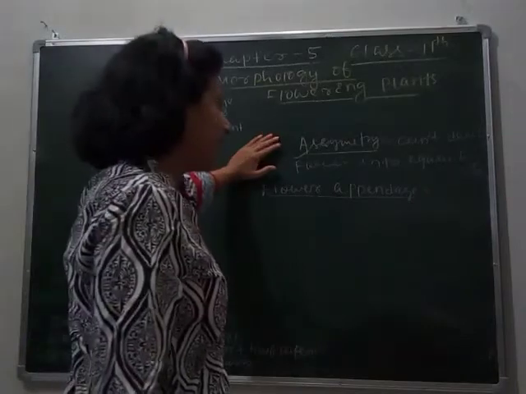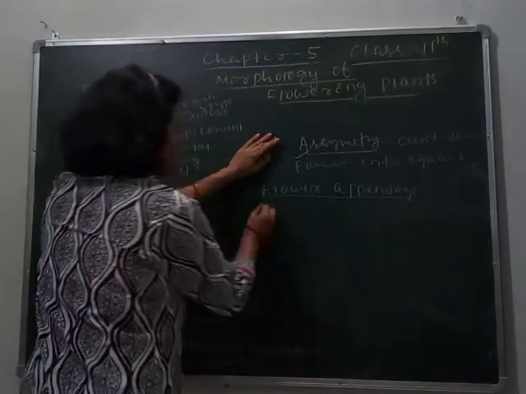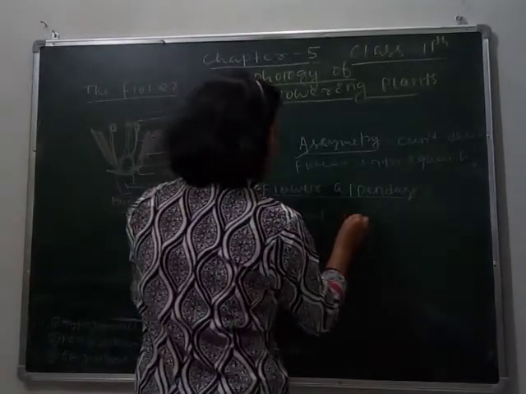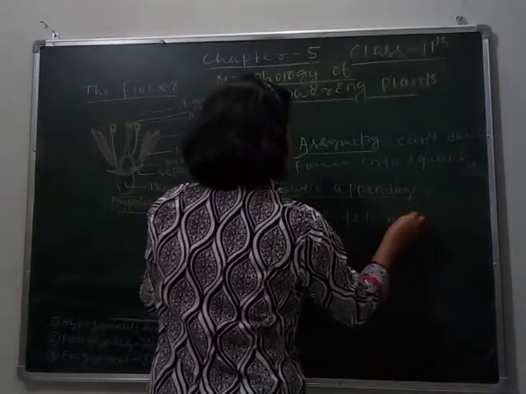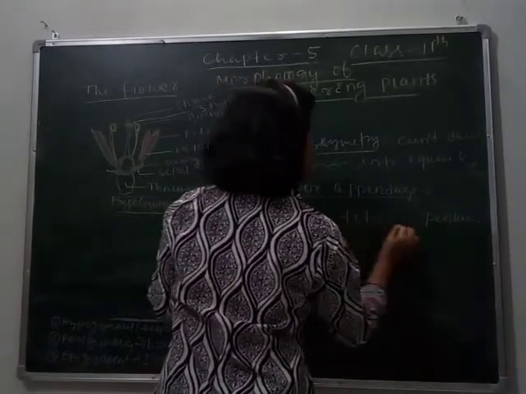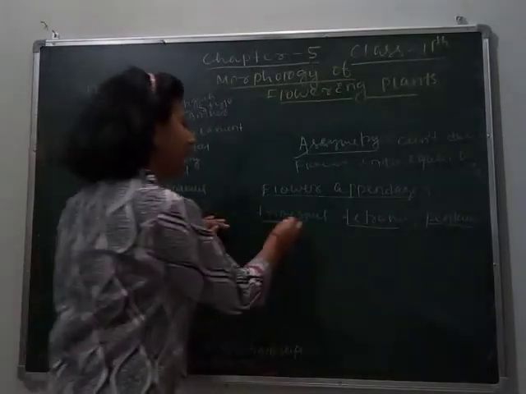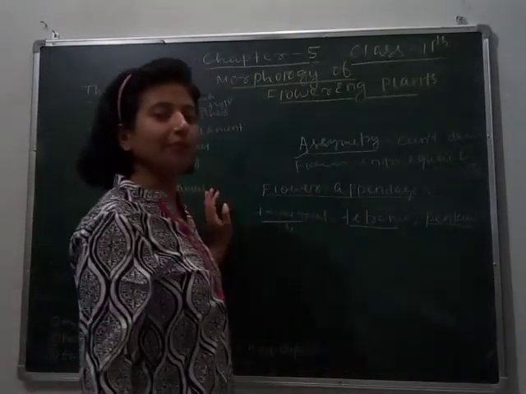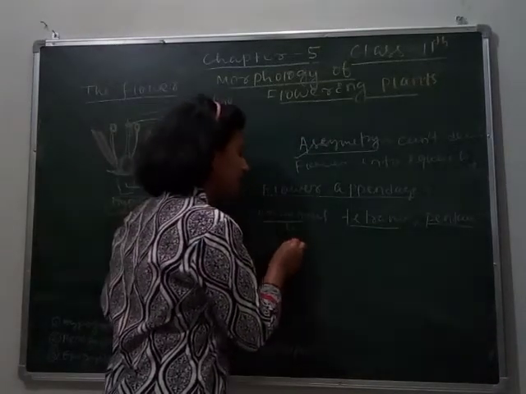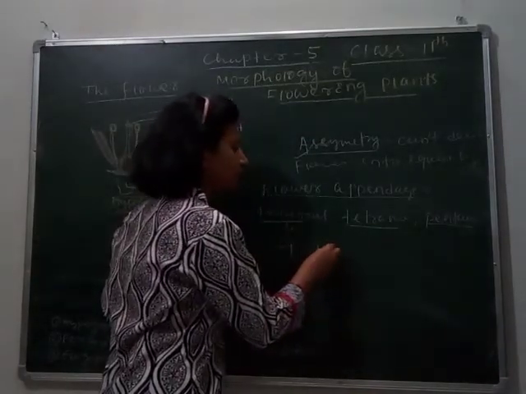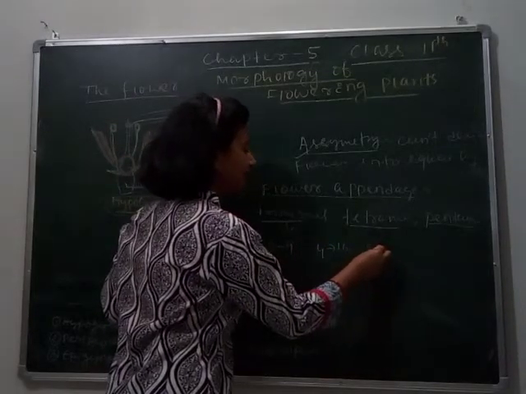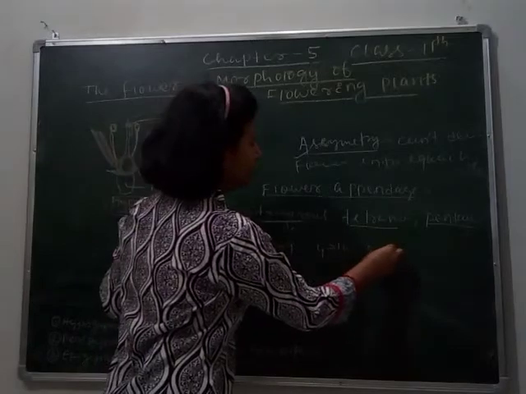Again, the floral appendages may be trimerous, tetramerous and pentamerous. So what are these terms? Trimerous means the floral appendages are a multiple of 3, means total appendages is 9. Multiple of 4 means total appendages 16. Multiple of 5, total appendages 25.